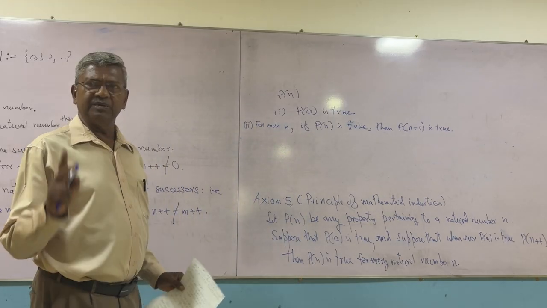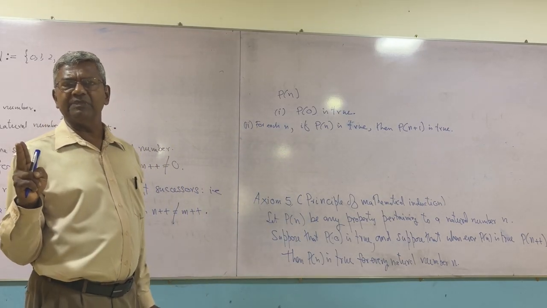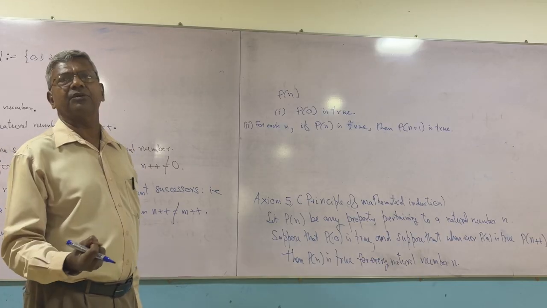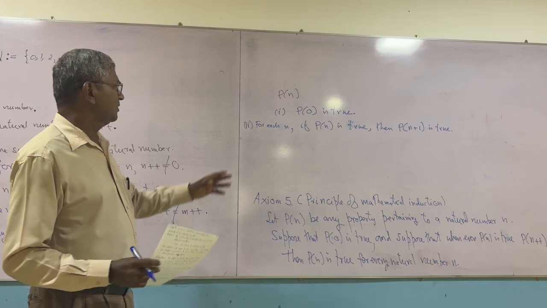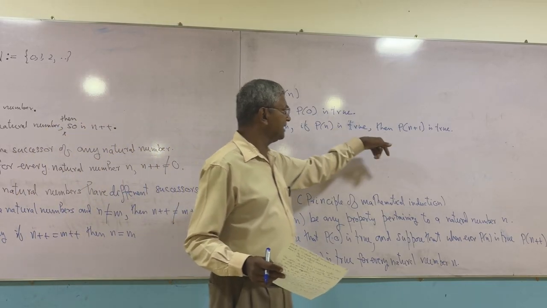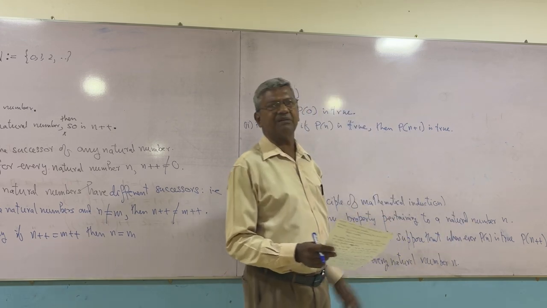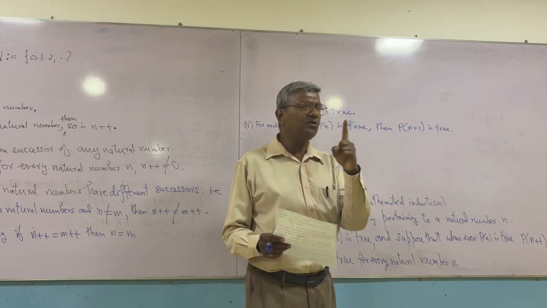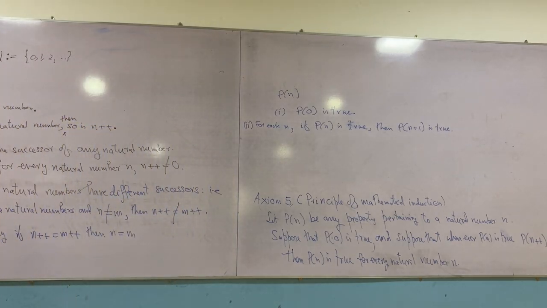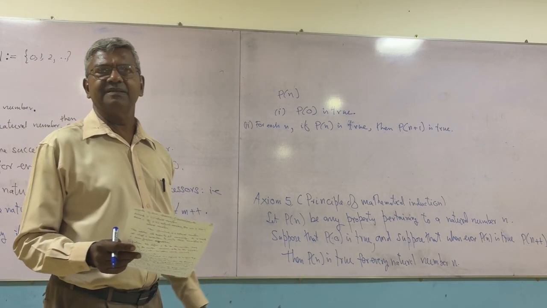We prove the zero statement, P0 is true. Or in your A-level you prove P1 is true, then you prove no matter which n you take, if Pn is true, then Pn plus plus or Pn plus 1 is true. You have proved only the first one, P0. Then you conclude that all of them are true. Then Pn is true for every natural number n.